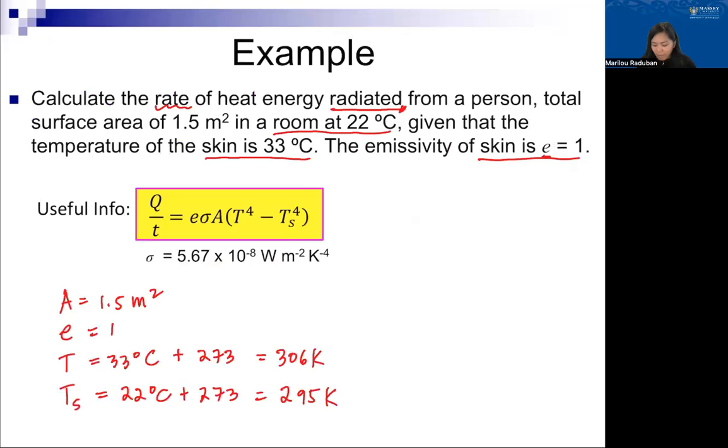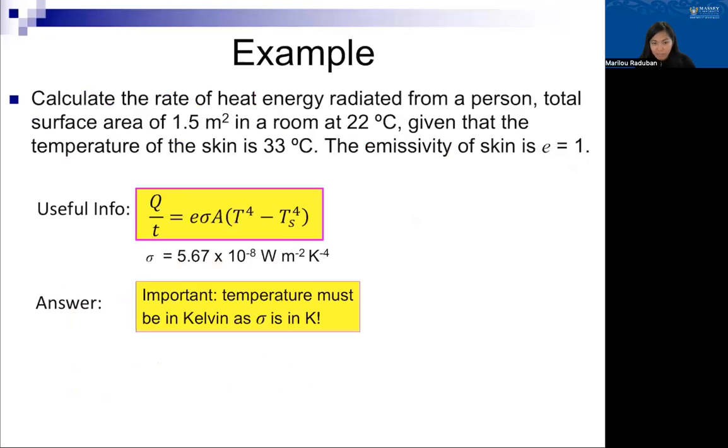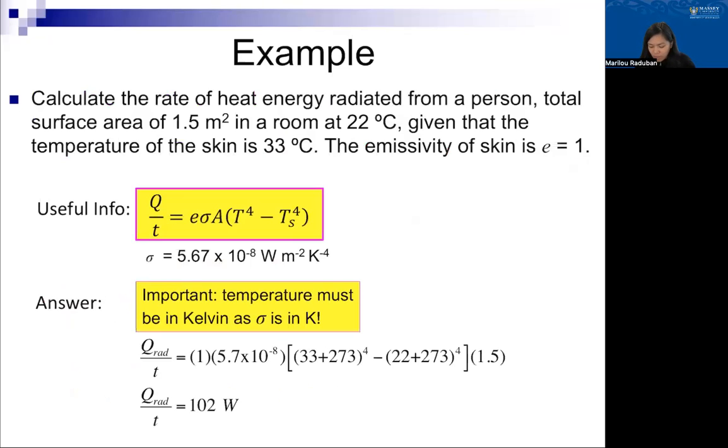But essentially you have everything. Temperatures must be in Kelvin because sigma is in Kelvin. So just substituting everything: emissivity is equal to 1, sigma is a constant, the temperature of the skin, don't forget you have to raise that to the power of 4, minus the temperature of the surroundings raised to the power of 4 as well, times the area 1.5, and you should get 102 watts for the rate of heat transfer.